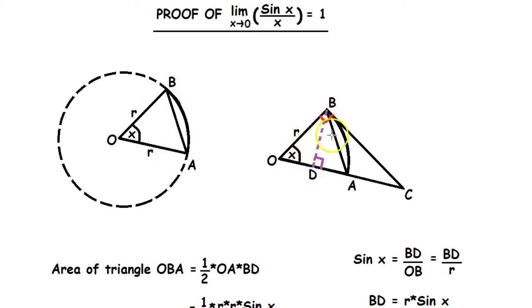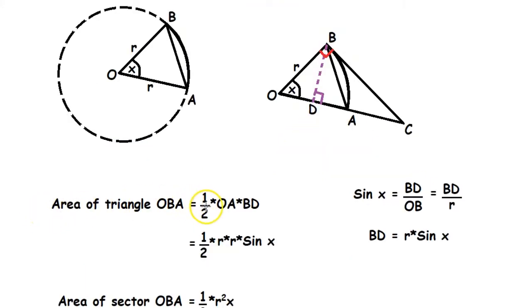So let's find the area of these three figures: the triangle OBA, the sector OBA, and the right angle triangle OBC. The area of the triangle OBA can be written as half into the base OA into the perpendicular height BD. So OA is equal to R. So how do we find BD?